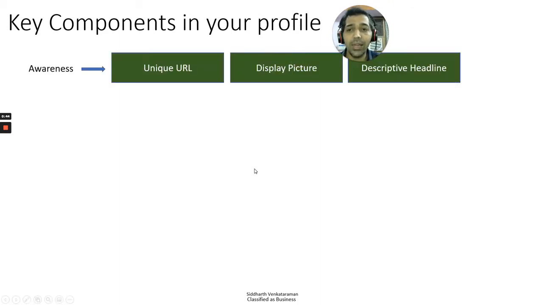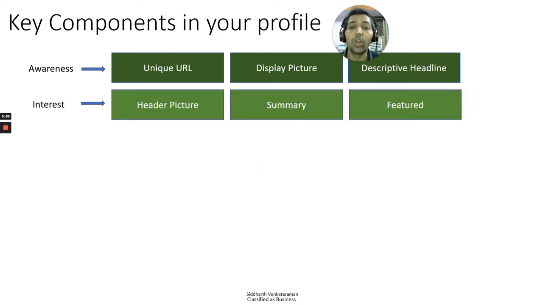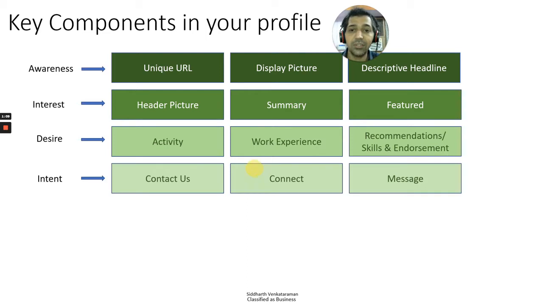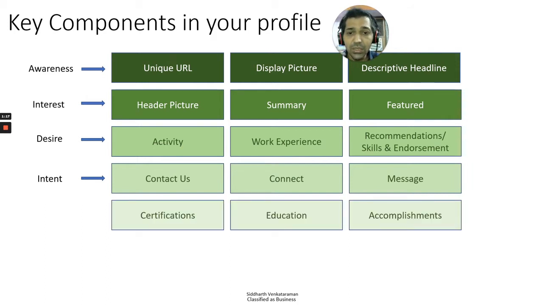When we look at our profile, we have the unique URL, the display picture, the descriptive headline, followed by the header picture, the summary, the featured section, the activity log, which is all the work which you do, then the work experience, which captures all your current and past professional experiences, recommendations, skills, and endorsements, then the contact us section, the networking and connections, and then messaging. In addition to this, we have the certification listing, education qualification, and accomplishments.